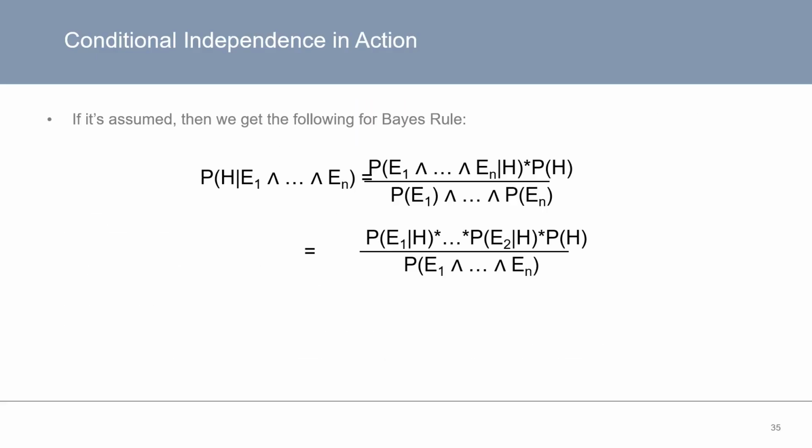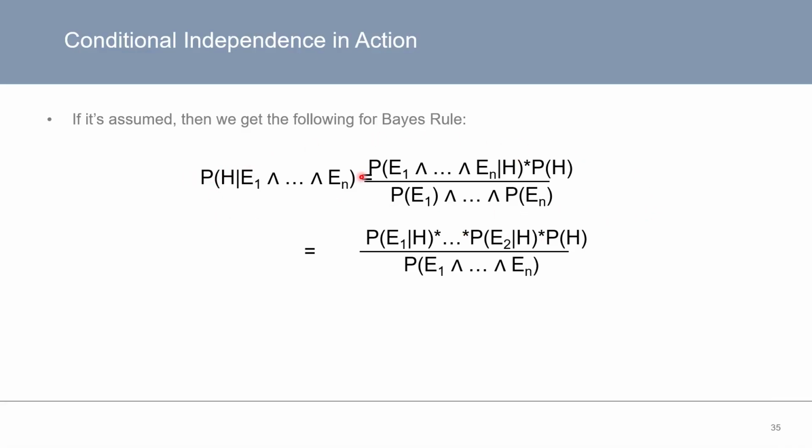If we allow ourselves to assume conditional independence, or we check that it's actually true, then we can get the following for Bayes' rule. So here we have the probability of some hypothesis given a collection of bits of evidence, and we can use the Bayes' rule form to rewrite this equation to be calculated as such.